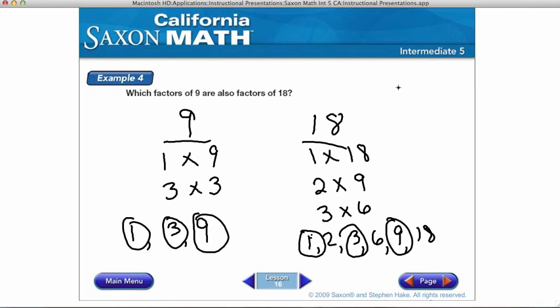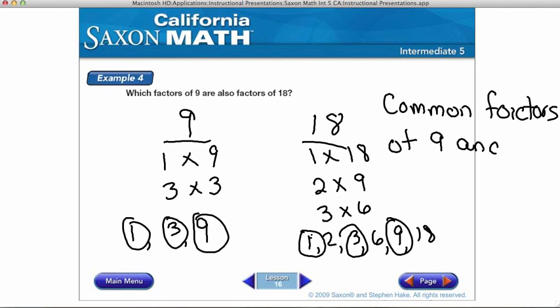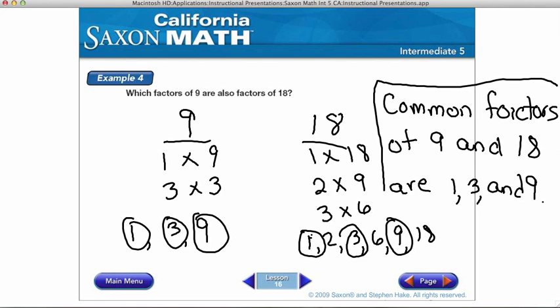So the common factors of 9 and 18 are 1, 3, and 9. Okay, so here is your answer.